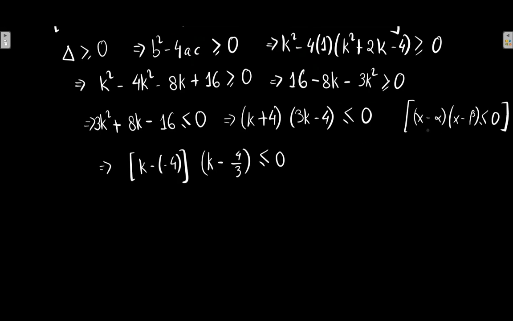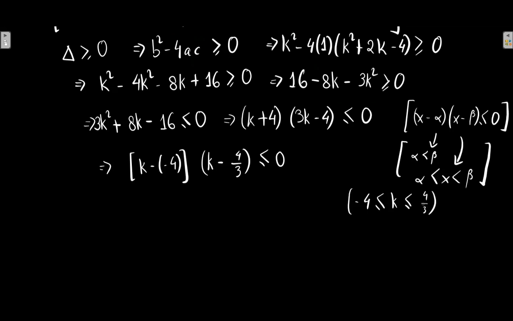Now in this equation, if x minus alpha into x minus beta is less than equal to 0, and if we assume alpha is less than beta, then from here we can conclude that alpha less than x less than beta. Okay, so in our case, negative 4 lies to the left of 4 upon 3, that is minus 4 is less than equal to k less than equal to 4 upon 3. 4 upon 3 is 1.333.